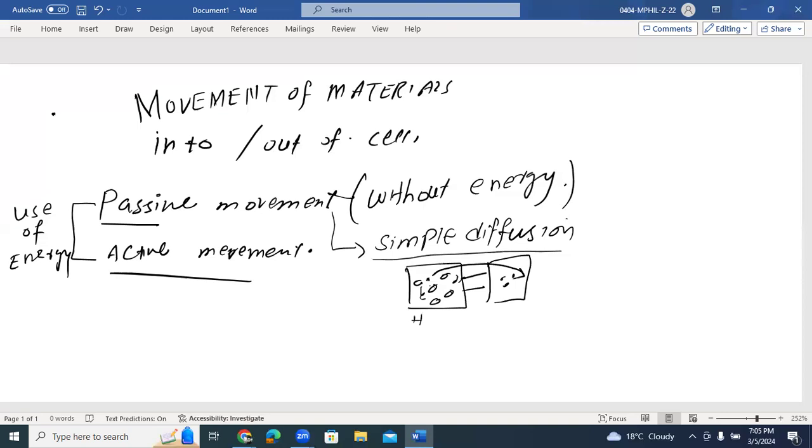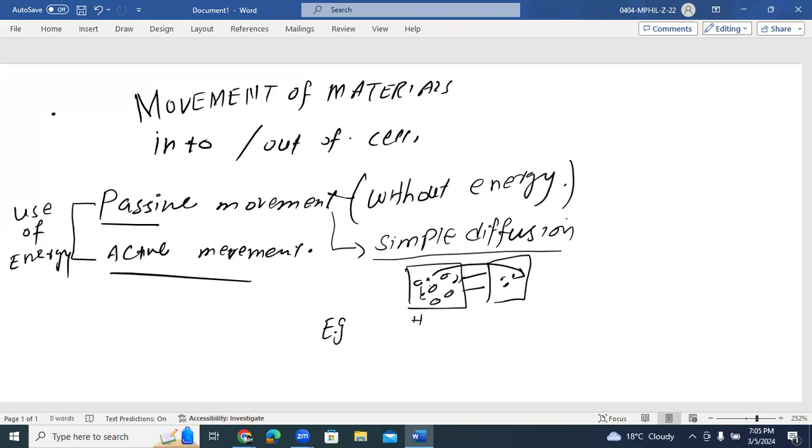Now, the very next point is that you have to give a living example in living organisms, the process or mechanism in which you have observed this simple type of movement or diffusion, and that is very simple.